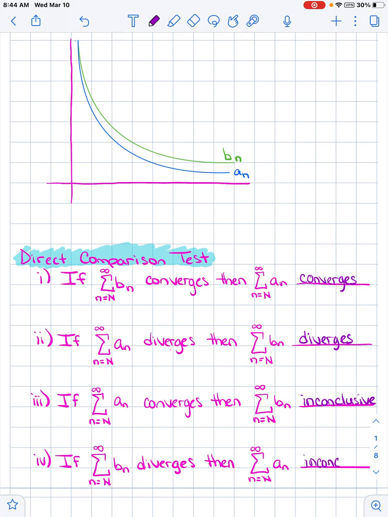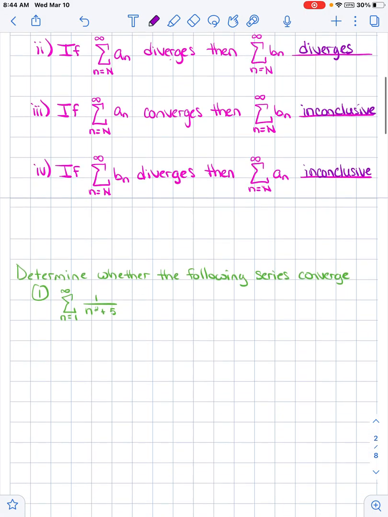A sub n may not be able to approach the x-axis fast enough. Also inconclusive. So using the direct comparison test, we need to find a function that behaves similarly to the one that we're looking at in order to determine convergence or divergence.